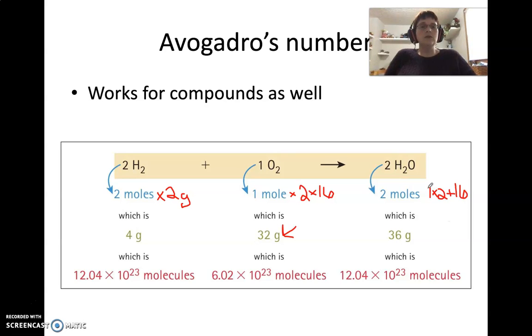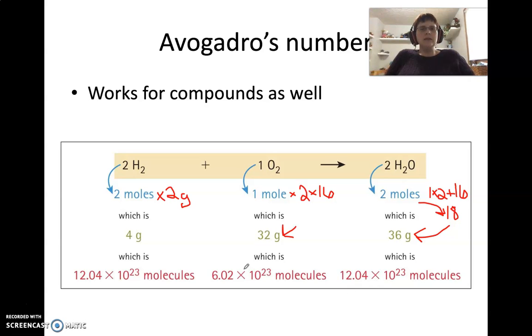Right? So we've got 16, 17, 18 times our 2. And that gets us 36. 2 moles, again, you multiply 6.02 times 2, you get 12.04 times 10 to the 23rd.